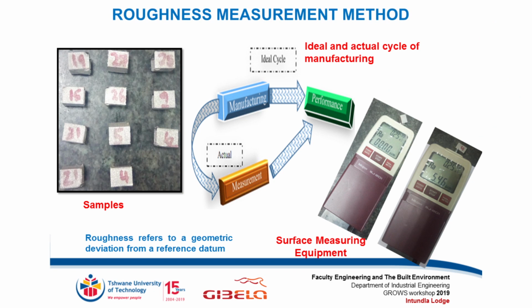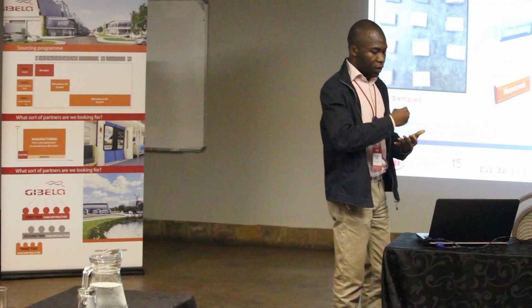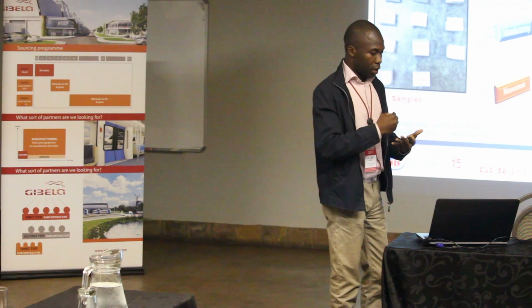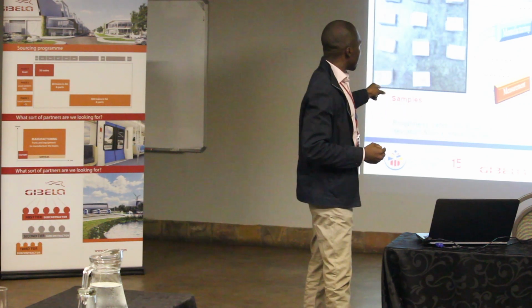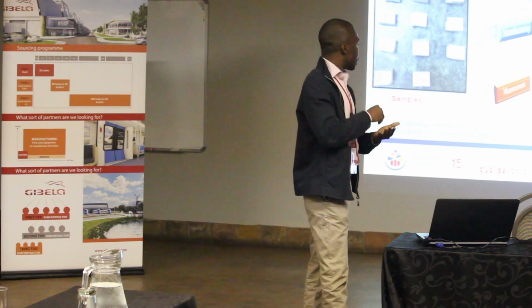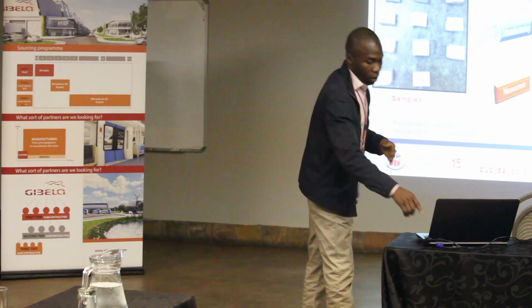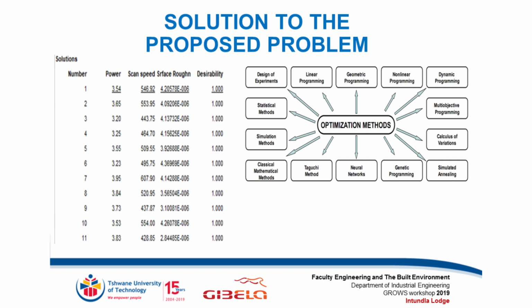Roughness itself is a geometric deviation from a reference. There is a point of determination. If what you produce is in reference with your input, that determines quality production. Then this data was gotten from the production.